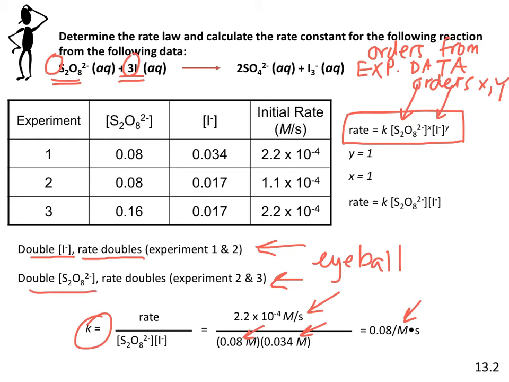If you double that, the rate doubles, so that again must be first order. And so they're not written here, but we can see that they're both first order. Okay, so that's it for this problem.